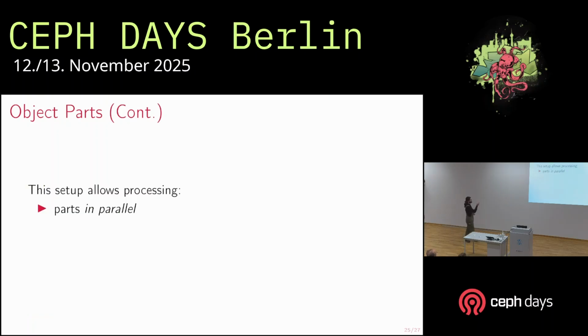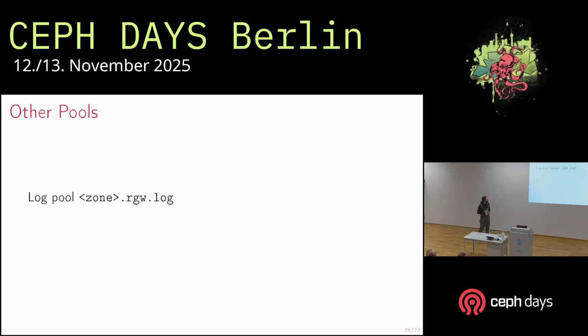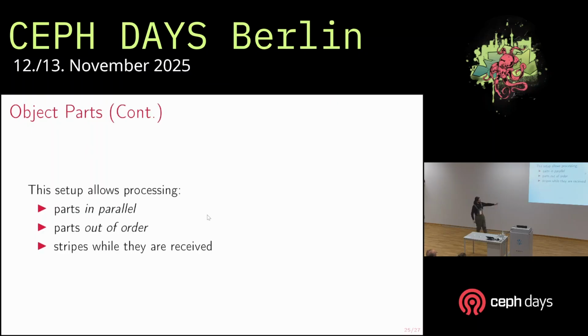Again, how this is organized allows us to receive all of those parts in parallel and write them to disk as we receive them, even out of order. That's all the magic of storing data in the data pool.